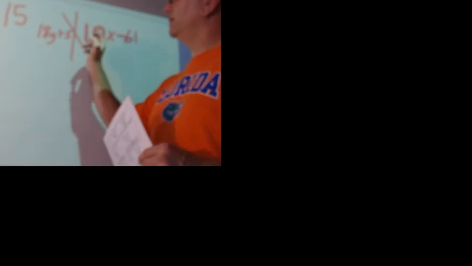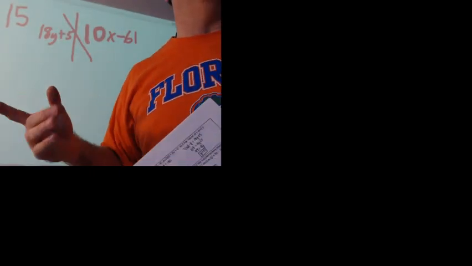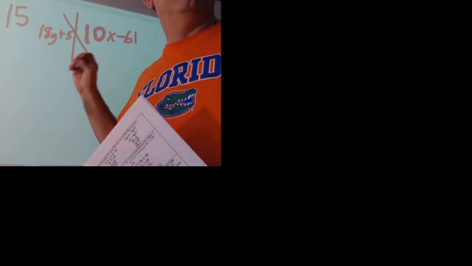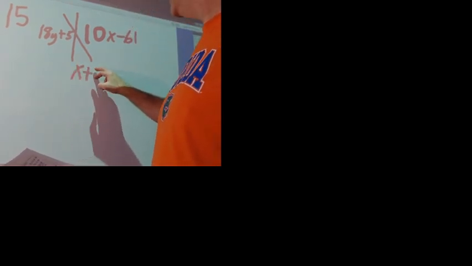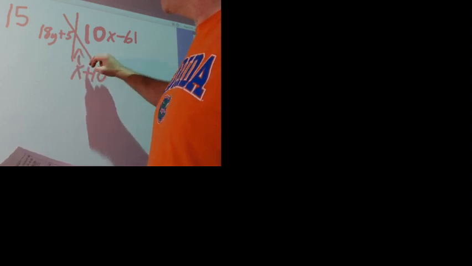Now, we automatically know that these are vertical, but I can't combine them because you can't combine the y with the x. So, I now put x plus 10 right there.